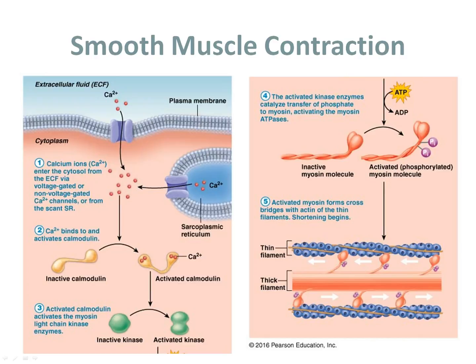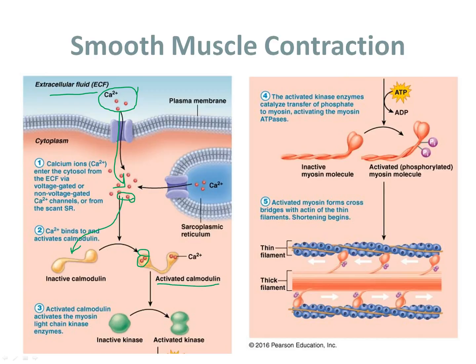So here's the process of smooth muscle contraction. Calcium is let in from the extracellular fluid. As it comes in, it activates calmodulin. So we have inactive calmodulin. When the calcium binds to it, so calcium is bound right here, it activates calmodulin, activated.